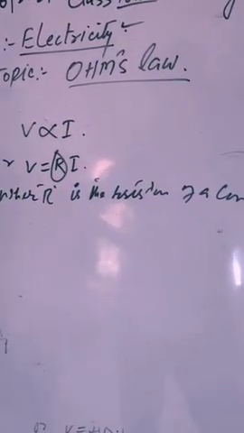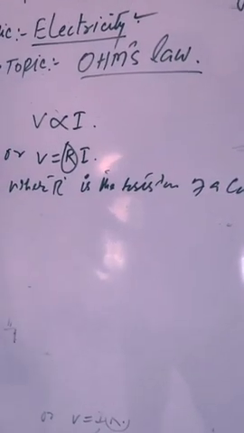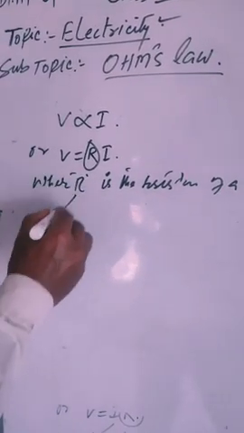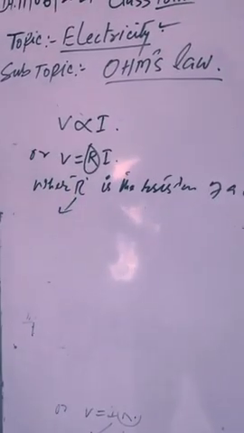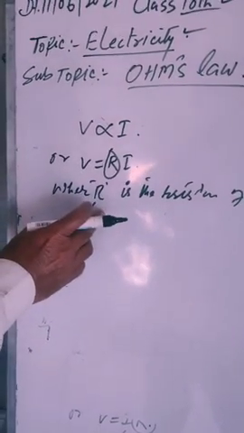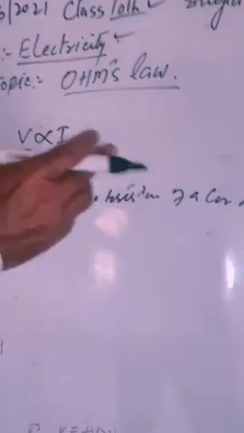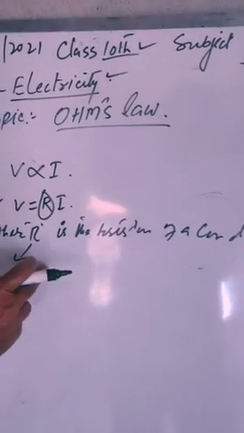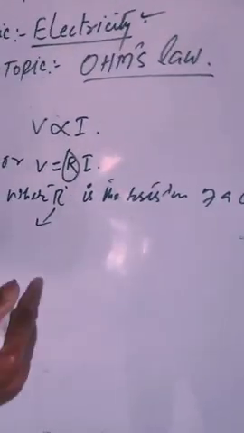We can say the value of this constant depends upon the nature of the conductor, length of the conductor, area of cross section and temperature of the conductor.